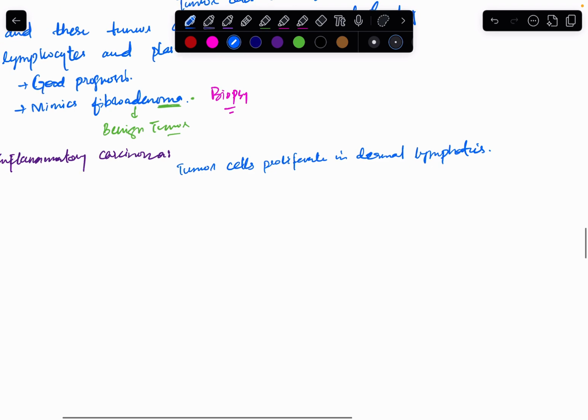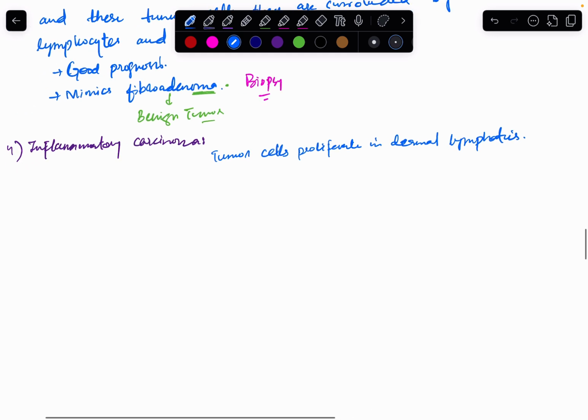It means the tumor cells are already present in the lymphatics, so they can spread in the body very rapidly. So they will have a poor prognosis because they are already present in the lymphatics. They're going to have a poor prognosis. Sometimes you can mistake this inflammatory carcinoma with acute mastitis.